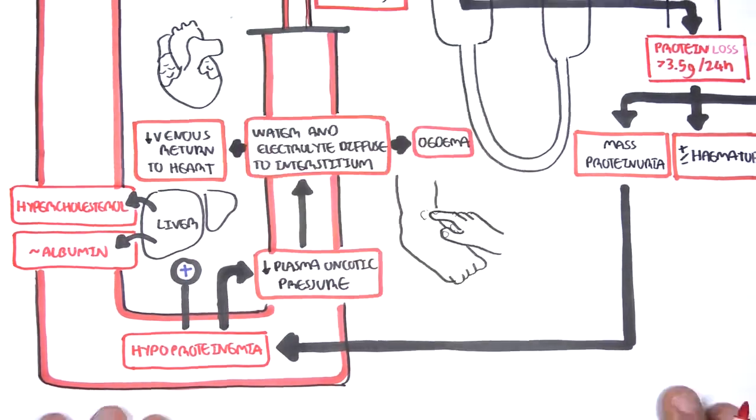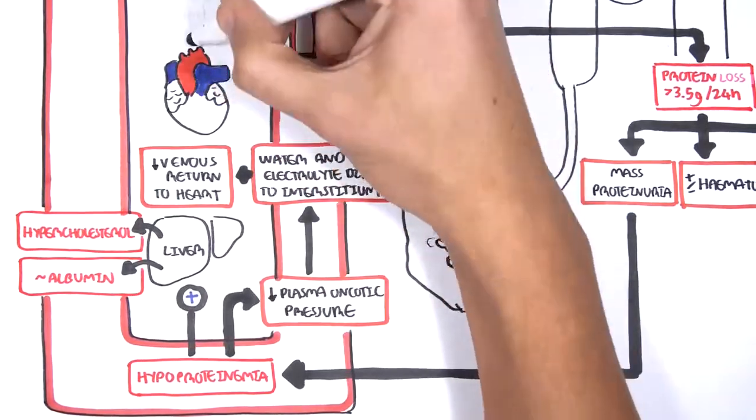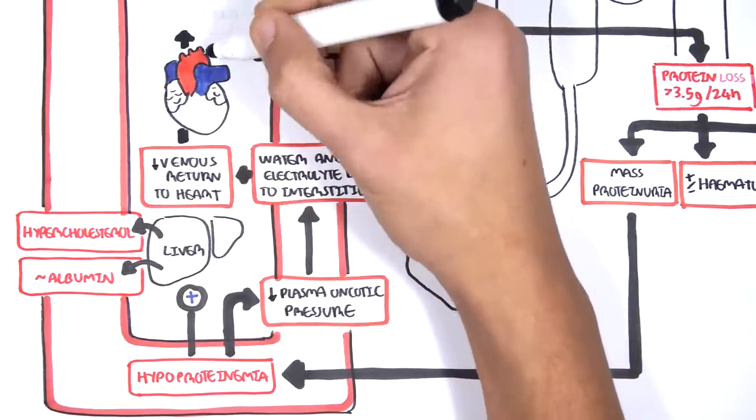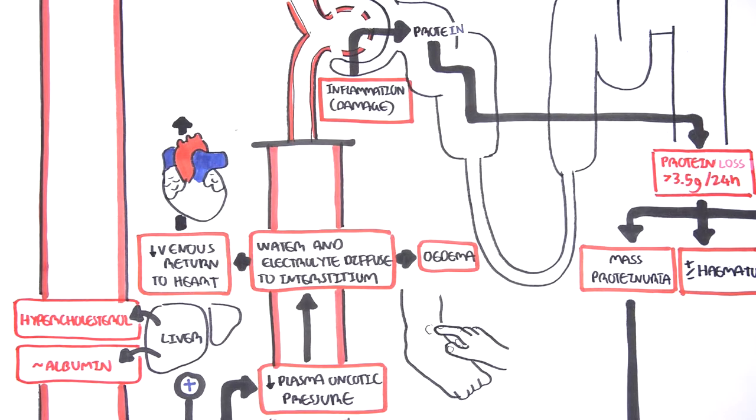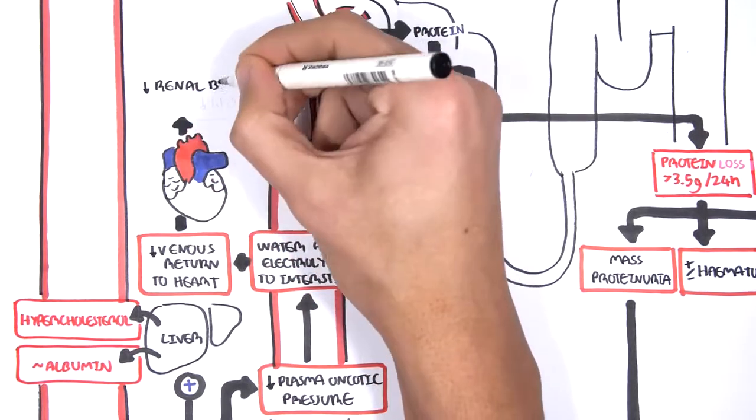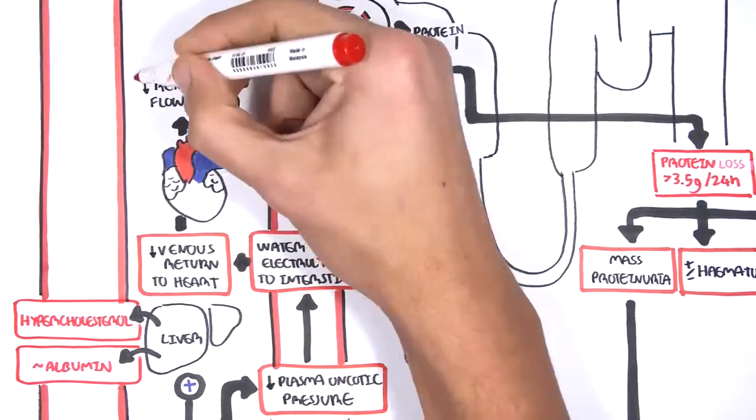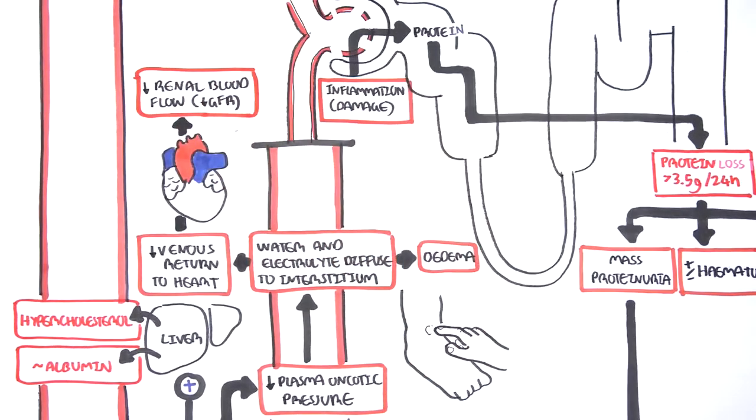With a decrease in blood volume returning to the heart, this means that the heart will also be pumping less volume to the rest of the body. What does this mean? Well, this means that there will be a decrease in renal blood flow, which means a decrease in GFR.